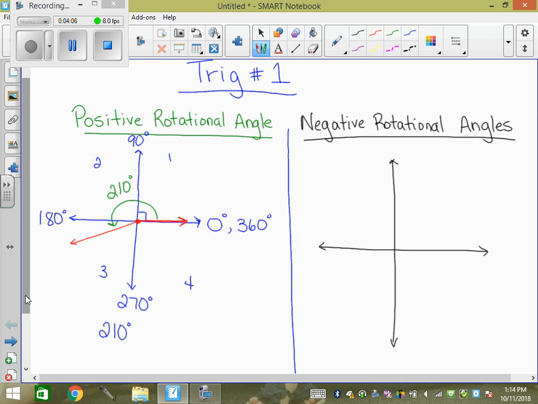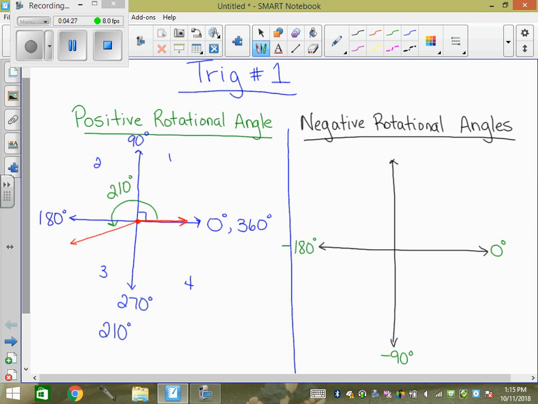So we label our arms differently. We still start at 0, but now we're going clockwise, and instead of it being positive 90, it's actually going to be negative 90. So we start here and we work to this arm here. So this is negative 90. And then we go another 90, so we get negative 180.